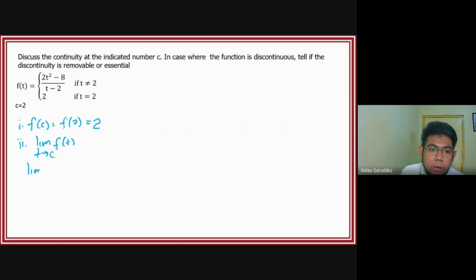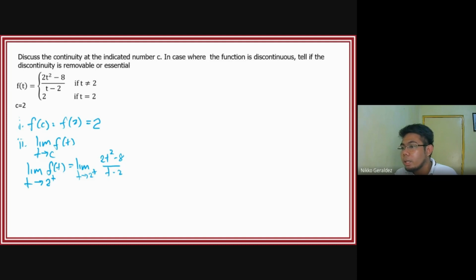Limit of f of t as t approaches 2 from the right. That is equal to the limit of 2t squared minus 8 over t minus 2 as t approaches 2 from the right.